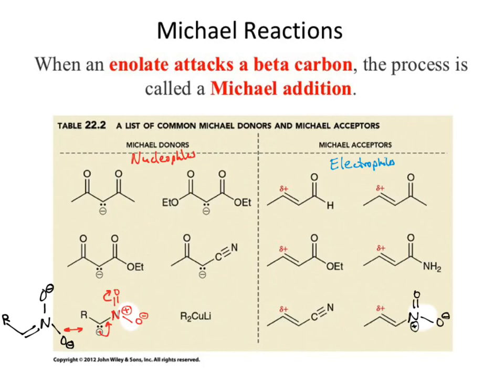Two negative charges. What happened to the nitrogen? It stays positive. Even as a withdrawing group to withdraw electron density out, even when it accepts more electrons, it still wants more. Okay? That's why nitro is such a good withdrawing group. That's why it works great for a Michael donor.